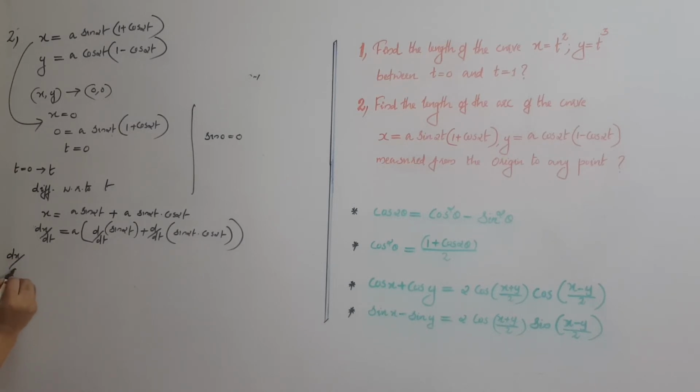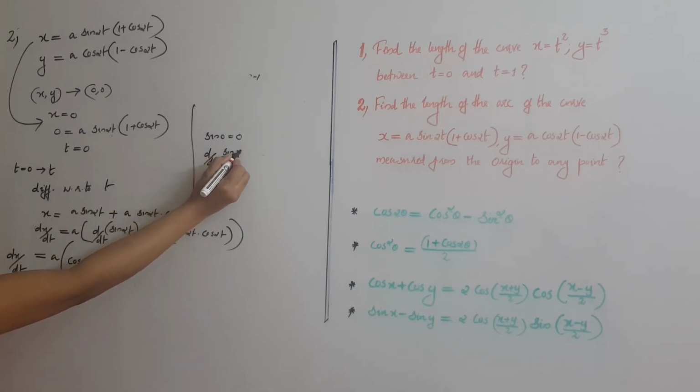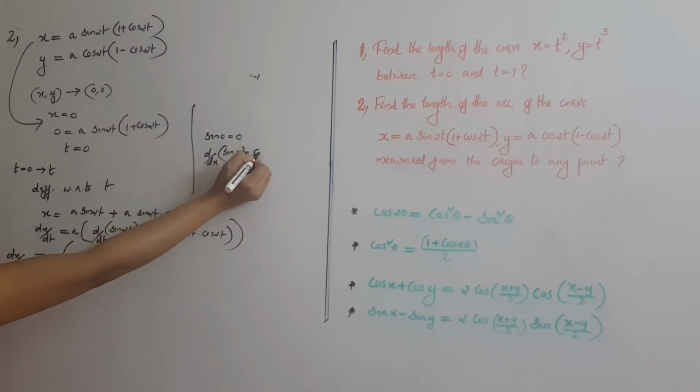dx by dt is equal to a into d by dt of sin 2t is cos 2t into derivative of 2t, that is 2. d by dx of sin x is cos x.